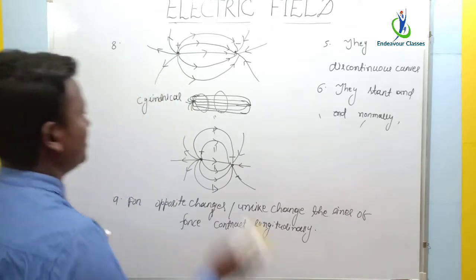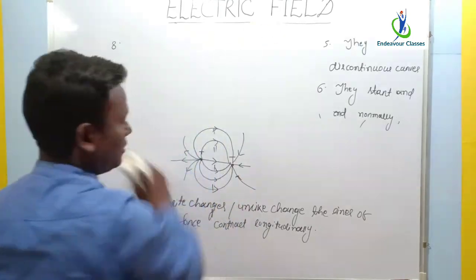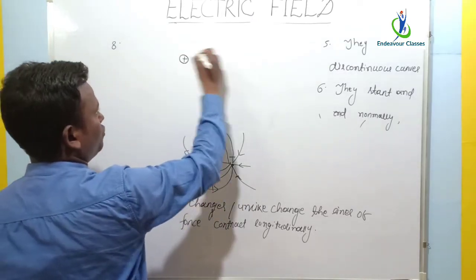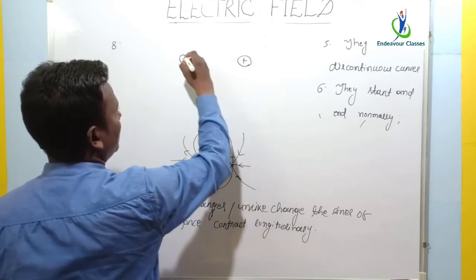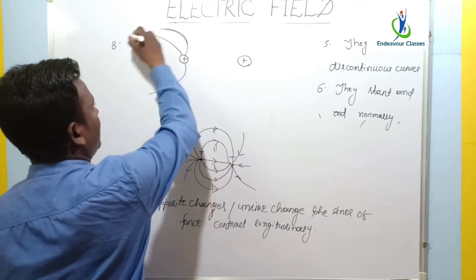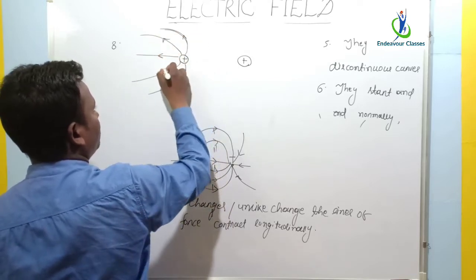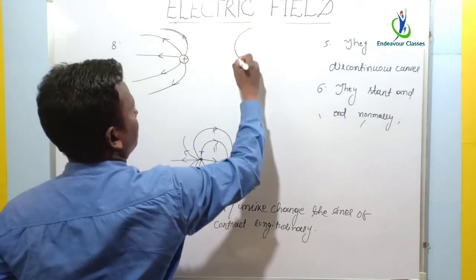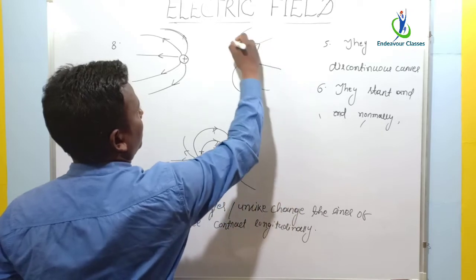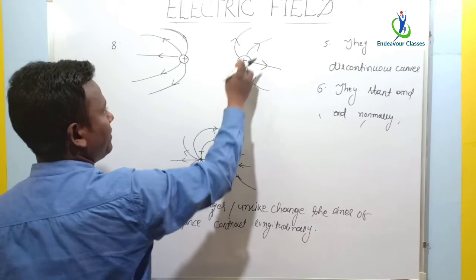Similarly, for like charges, if we draw the lines of force for two positive point charges, then you will see that the lines of force will exert lateral pressure and they will move away from each other. Always remember the direction.